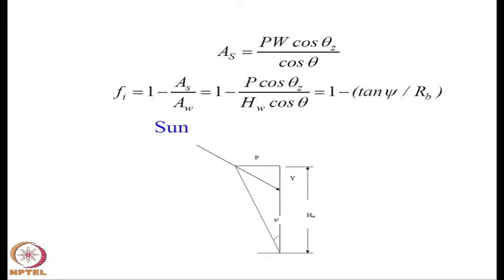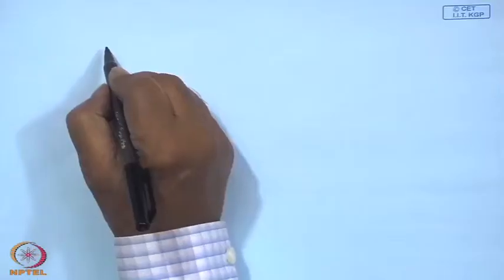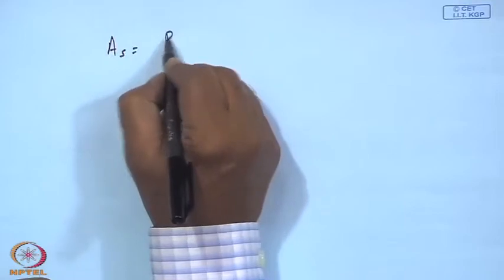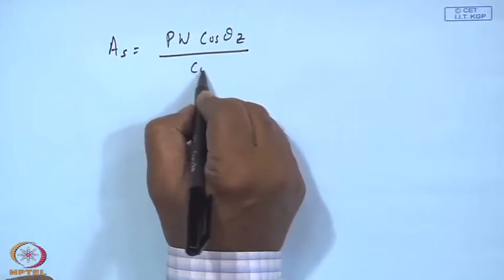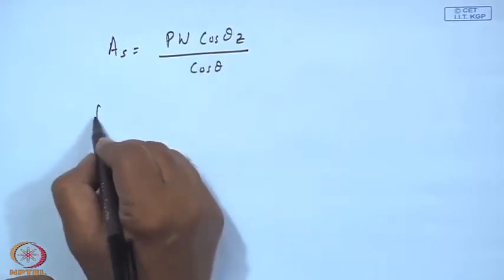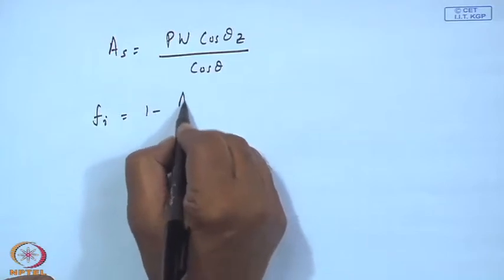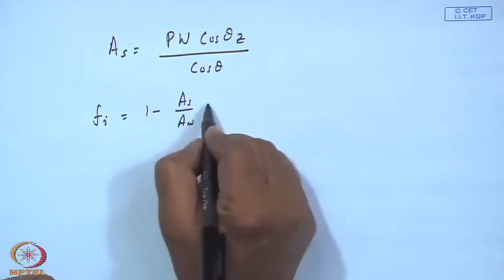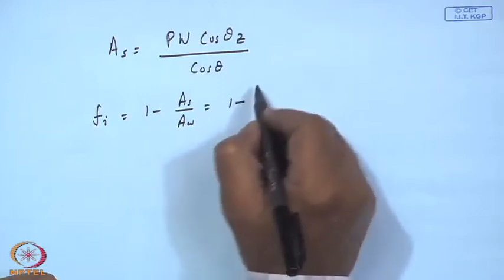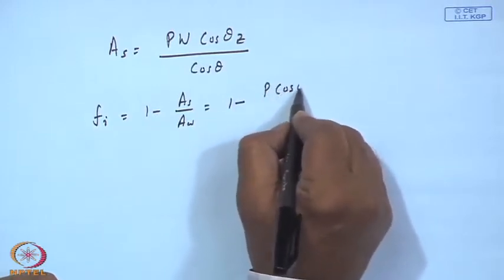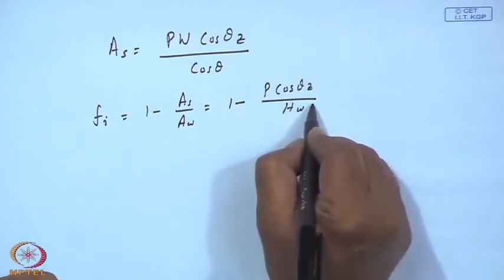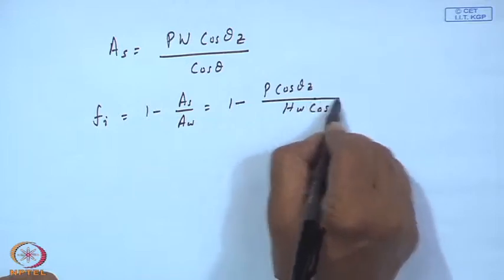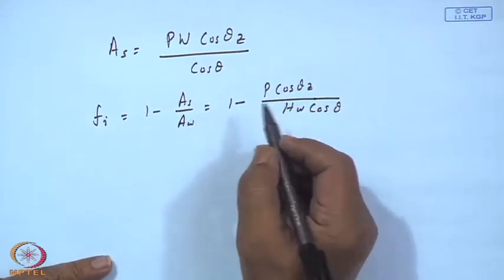So, my shaded area for the rectangular shape, because the overhang is infinitely long, is P W, simple trigonometry, upon cos theta. So, my F i is 1 minus A s upon A W, equal to 1 minus P cos theta z by H W cos theta, because A W is H W into P. So, that is what you will get.